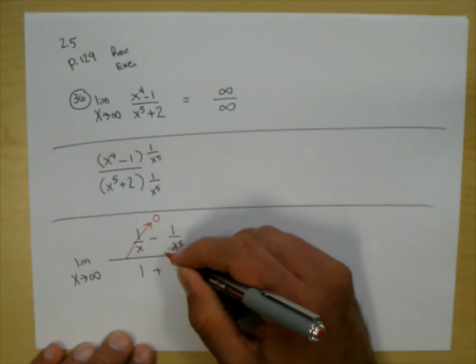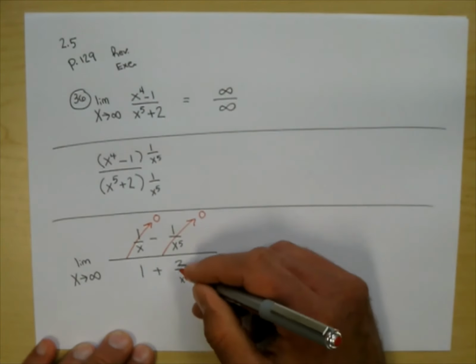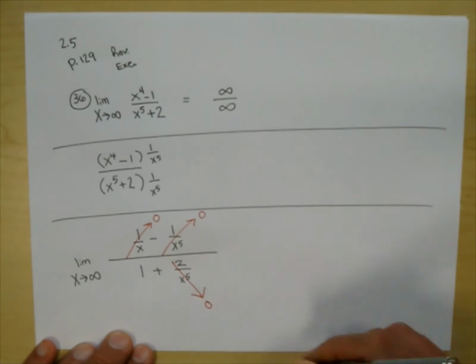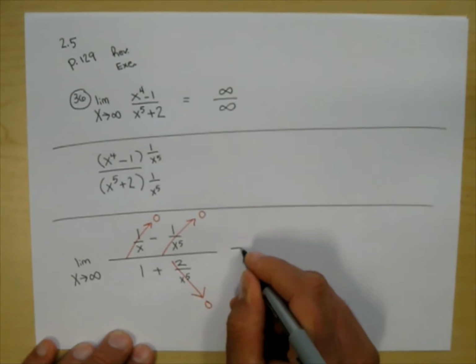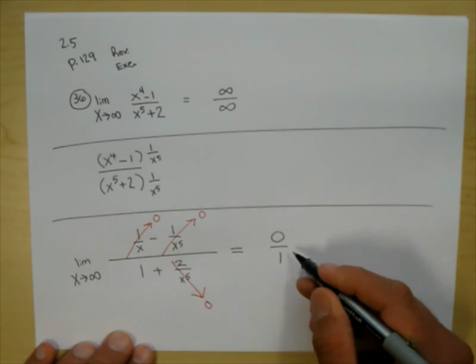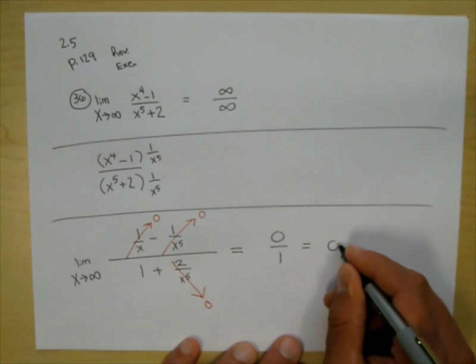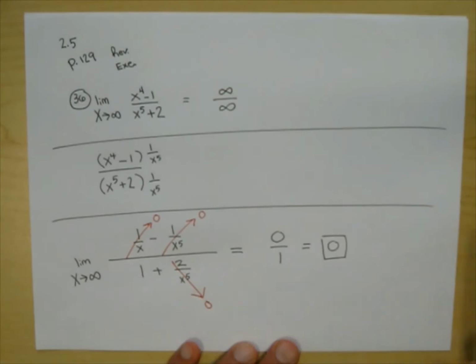Infinity to the 5th is infinity, so that's 0. 1 plus 2 over infinity is 1 plus 0. So this becomes 0 over 1, which is defined. It happens to be 0. And so there was another limit that we've computed.